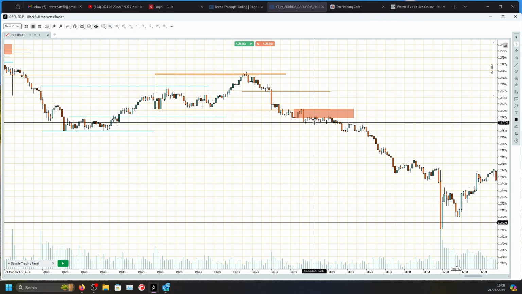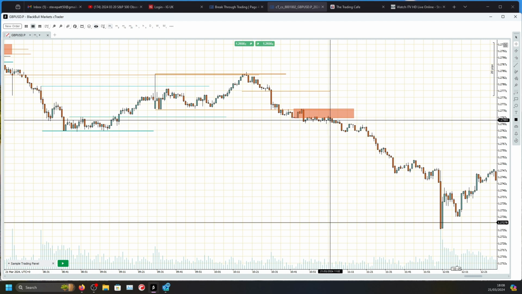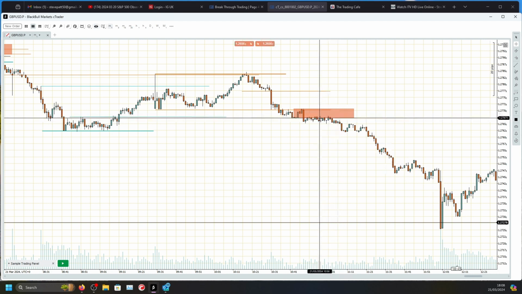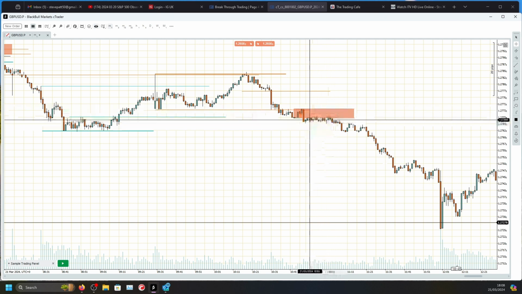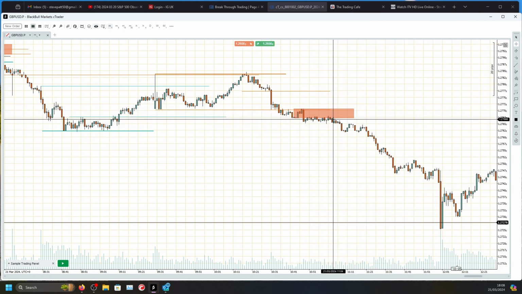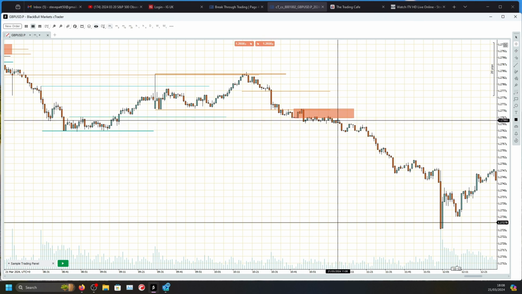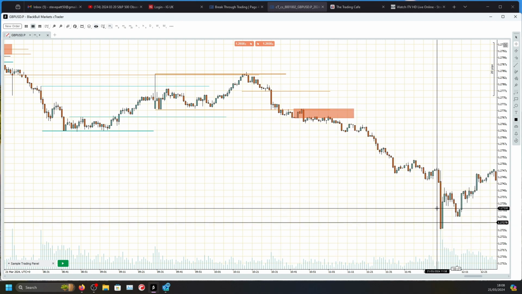You see, there's 1, 2, 3, there's 4 attempts for it to push higher, and it fails on every one, and then comes through. I mean, I'd definitely be short there. Yeah, there's my 22.5 pips there.